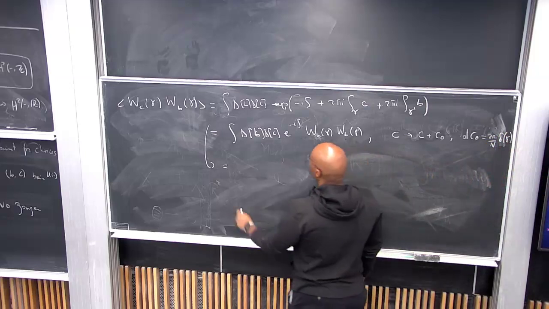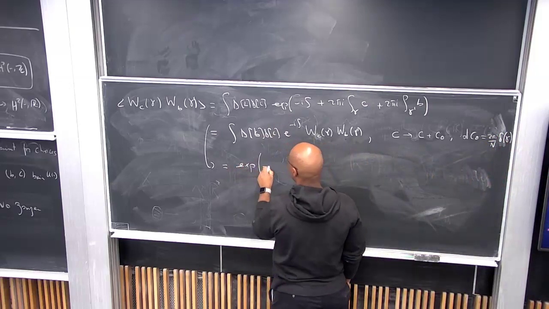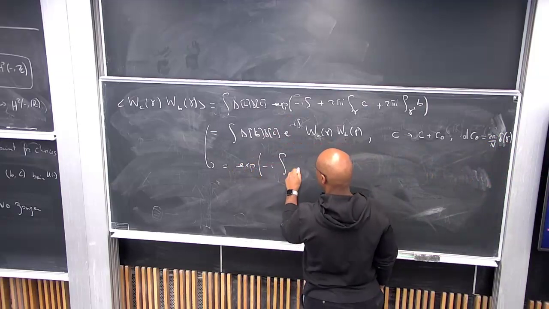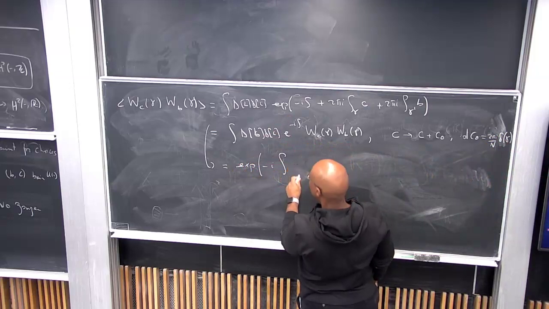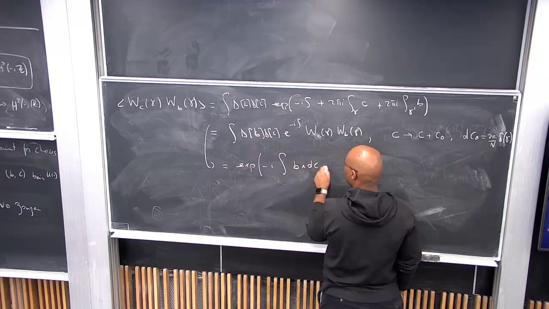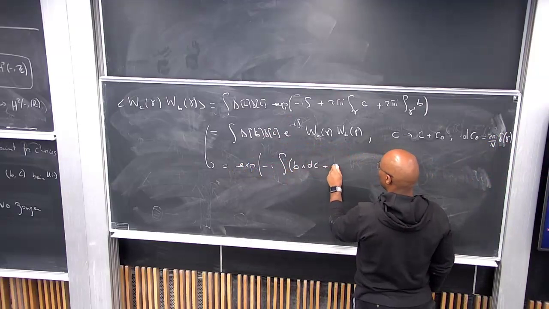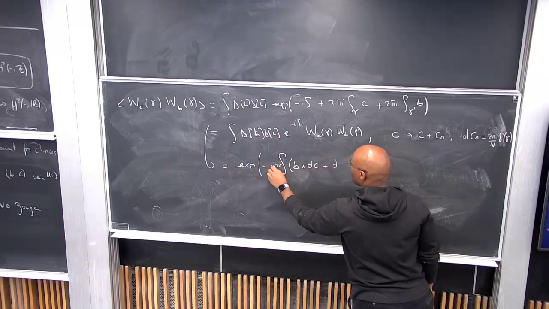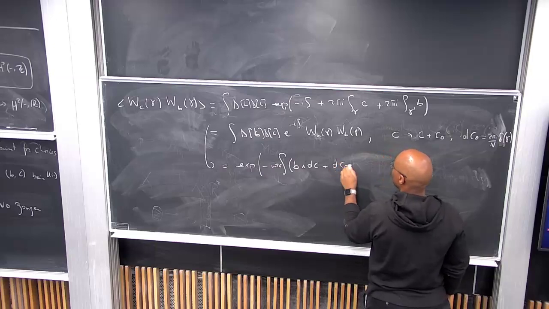Then the evaluation here is minus i times an integral of N over 2 pi B wedge dC, plus B by n, 0 here.